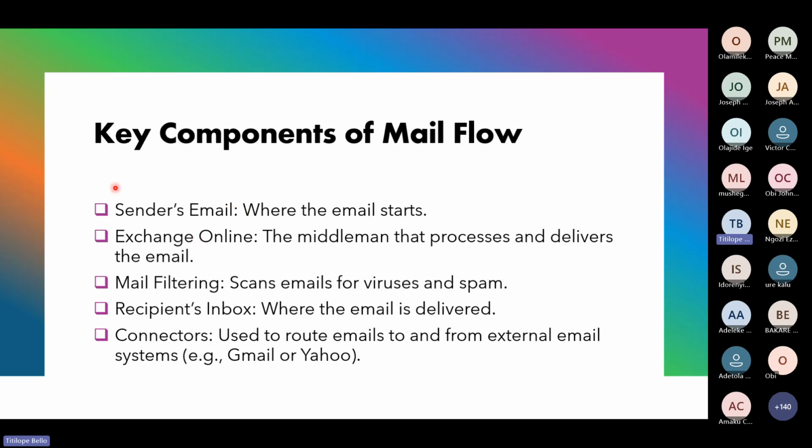One is the sender's email. There's always a sender's address, which is the email address, and that is where the process starts. Now, when a user sends an email, whether they are using Outlook or their browser or a mobile client, it gets to Exchange Online.